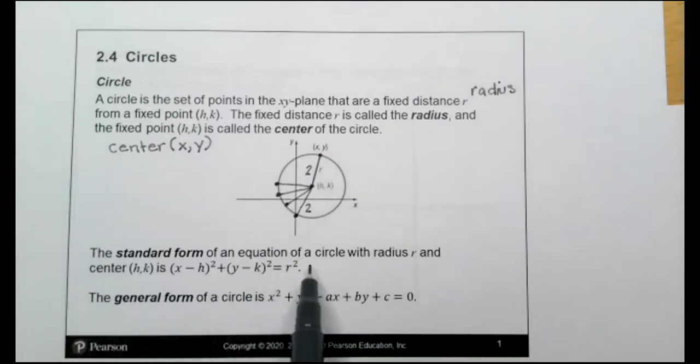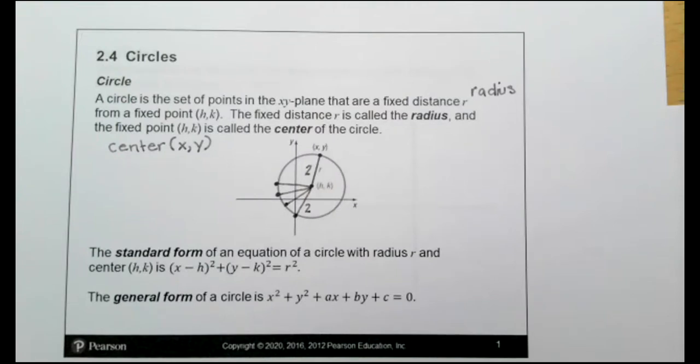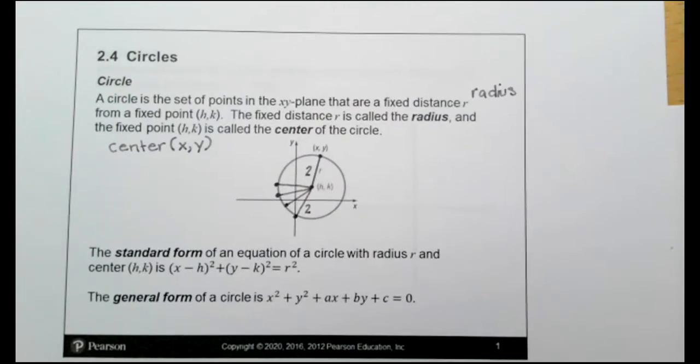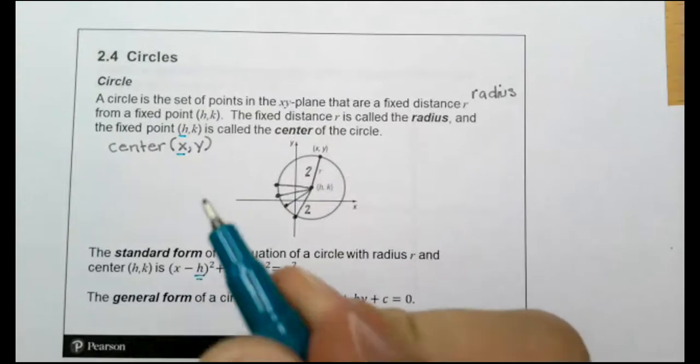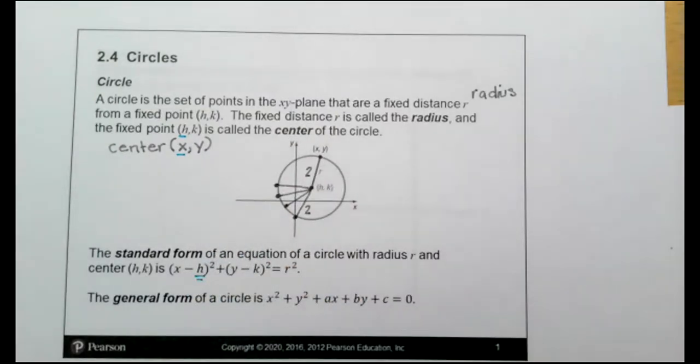So the standard form of an equation of a circle with radius r and center hk is x, okay, it looks like x minus h, right? But I'm going to call this the x value of the center, which is h. And I'm going to change the sign of h. So instead of h, I have negative h, right?